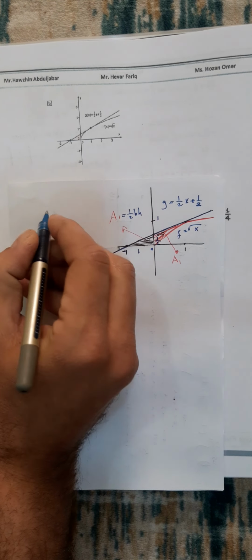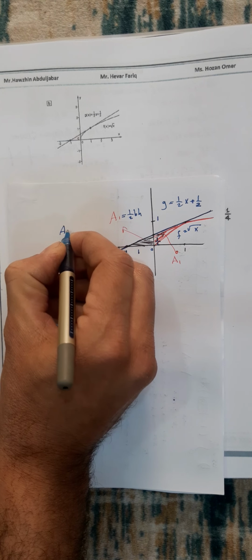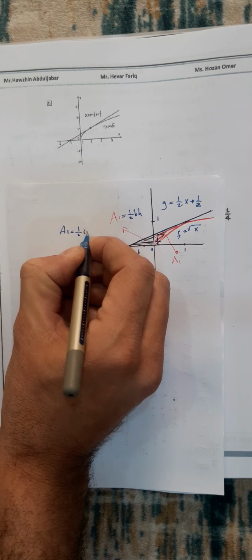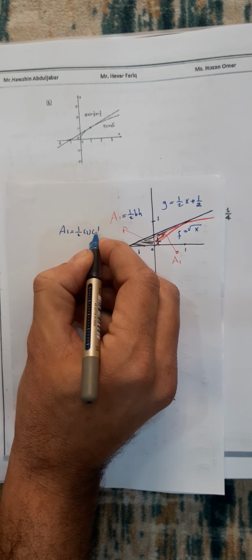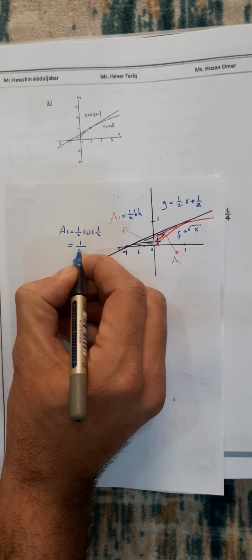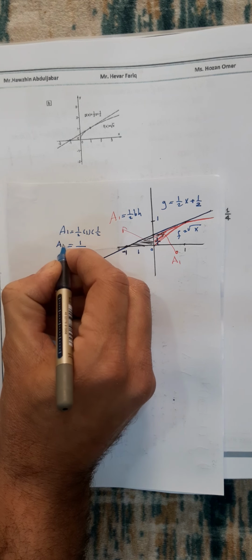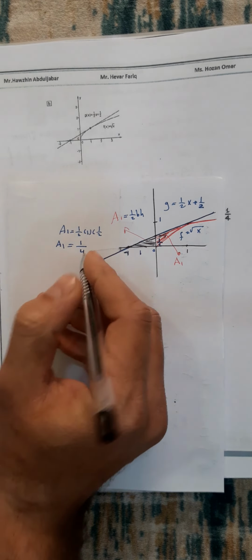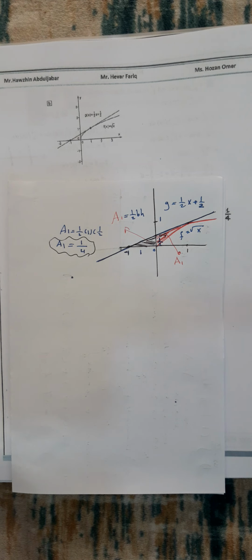So the area A1 is equal to 1 over 2 times base 1 times height 1 over 2, so it is equal to 1 times 1 is 1, 2 times 2 is 4. So A1 is done, A1 is equal to 1 over 4.